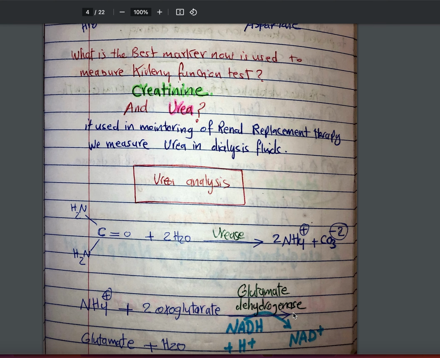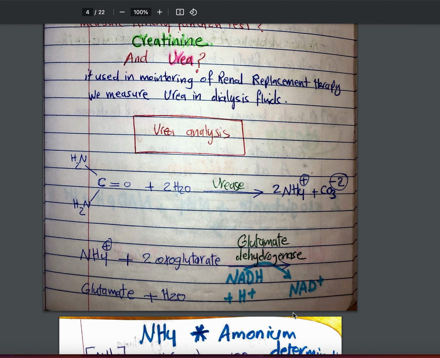Then we go to the urea analysis. As you can see here, we have the urea, and here the urea is oxidized.